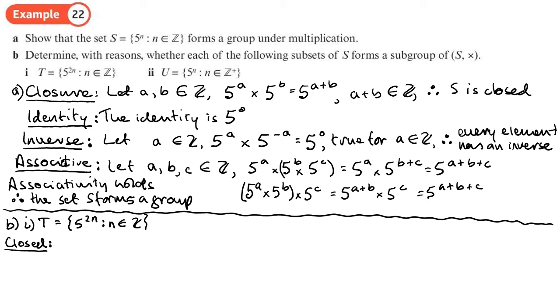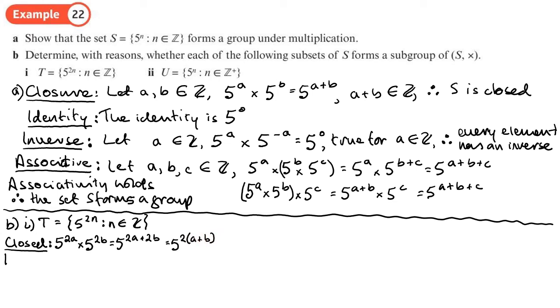Well, if we use the same a and b as integers, I'm not going to write that statement out again, you see them up here. 5 to the power 2a times 5 to the power 2b will give me 5 to the power 2a plus 2b, which we can write as 5 to the power 2(a plus b). So it's closed because it's of the same type, isn't it? 5 to the power 2 times an integer, and a plus b is an integer.